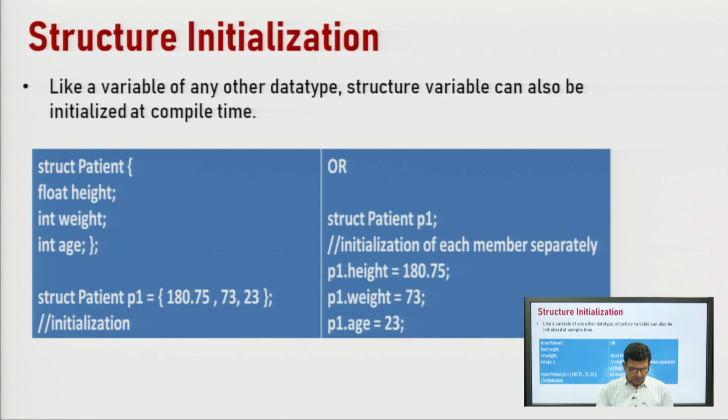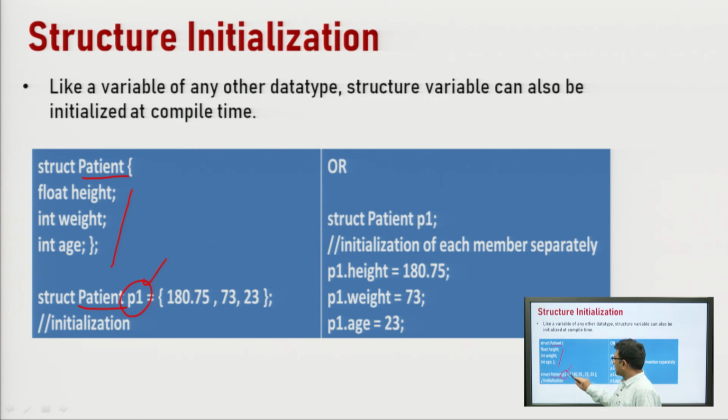Just see, there are two different ways to initialize the structure over here. In the first example we have created a structure patient which has 3 data members: height, weight and age. One is float and the other 2 are of integer type. We have declared a variable p1 of patient type, struct patient p1.